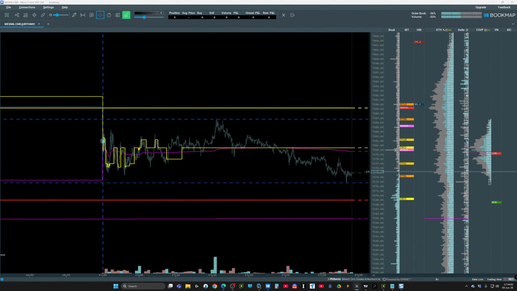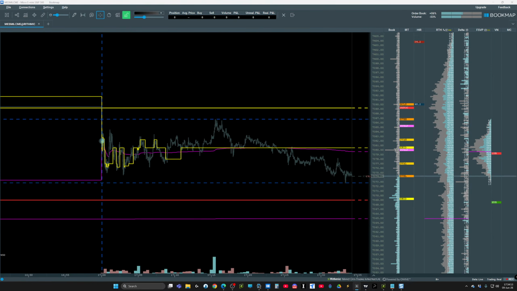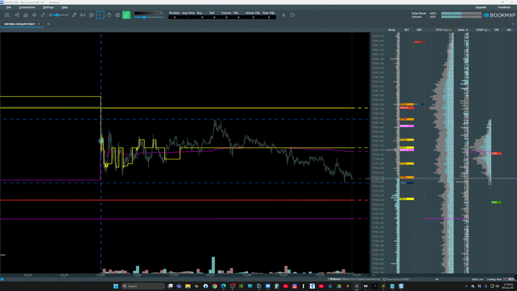So under this circumstance, looking back 6 months on the MES in this session, the opening range high still has the greater probability to be taken out.